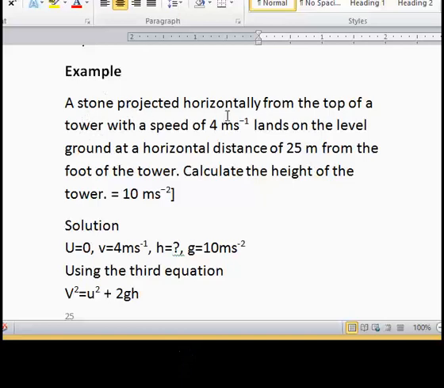A stone is projected vertically from the top of a tower with a speed of 4 meters per second.